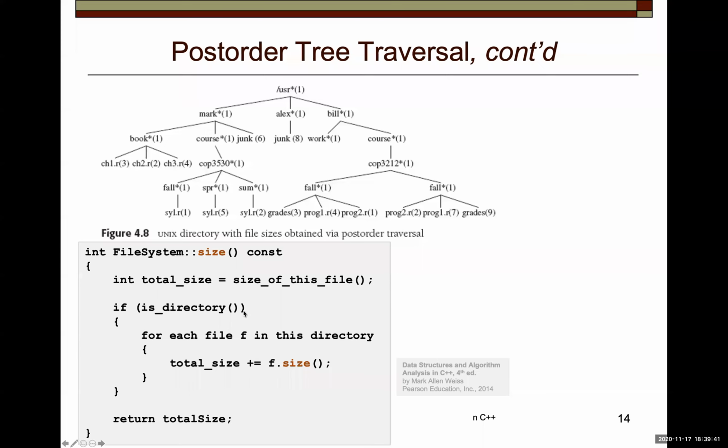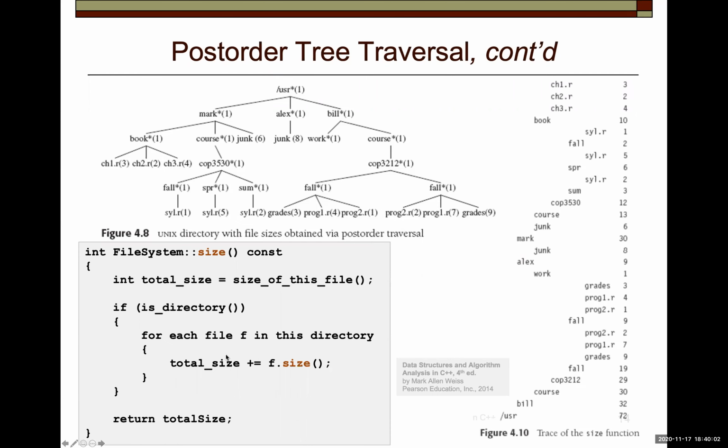Then as we visit the children, we accumulate the sizes, and then we return the total size. So the visit is returning the total size, which occurs after we've visited the children. Let's see how that works.